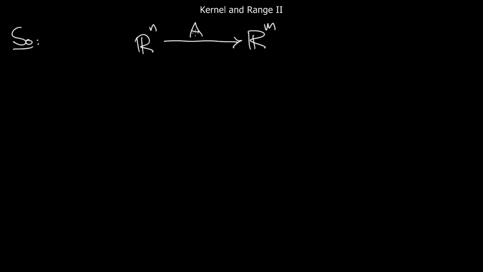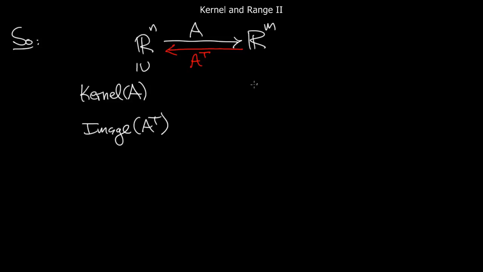Okay, so let's put this all together. We have a map, a matrix A from Rn to Rm, and we have its transpose going in the opposite direction. And now we have these basic subspaces. There's the kernel of A. There's also the image of A transpose. Those are subspaces of Rn. And the image of A and the kernel of A transpose live over here in Rm.